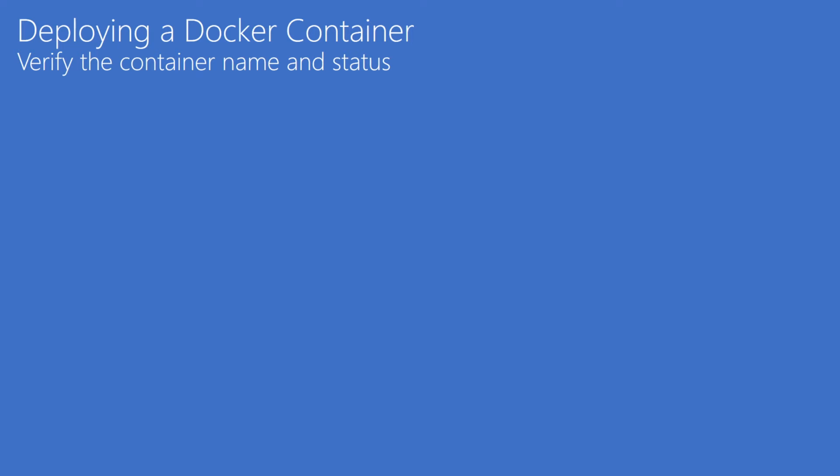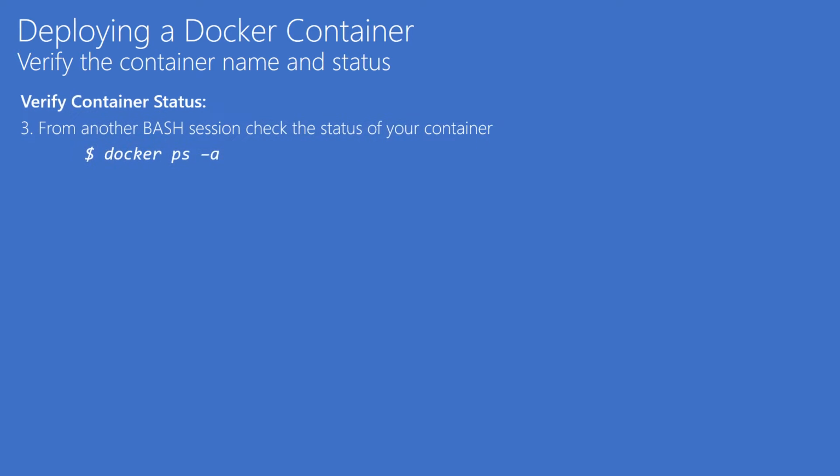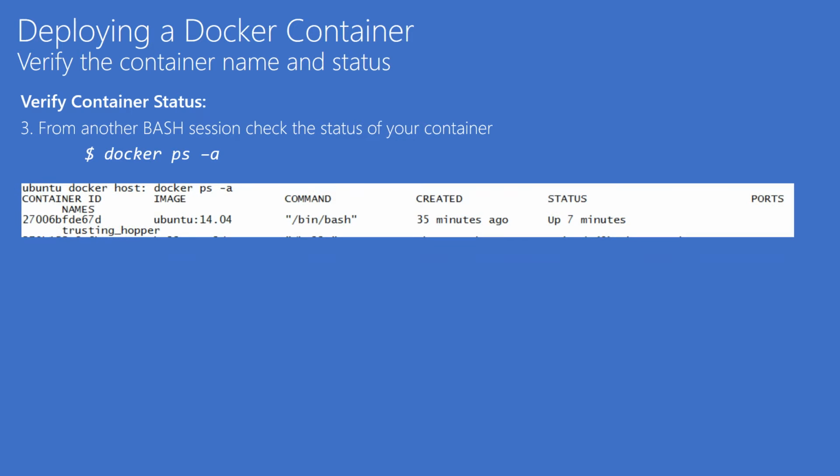So to verify the status of a Docker container from your local machine, so not inside your Docker container, but from another bash session on your local machine, you can run the command docker ps -a. That will show you the status of your container.